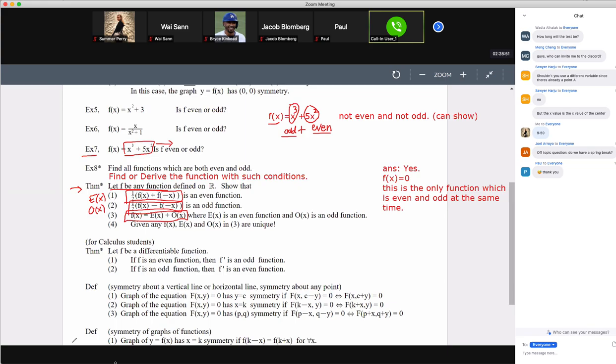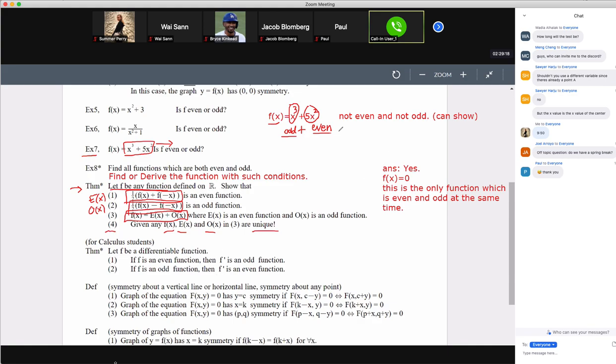Any function happens to be an odd function plus an even function. Now, number 4 is more special. The even part e of x and the odd part o of x are unique. There's only one way to break it up, only one way to write it as an odd function plus an even function.